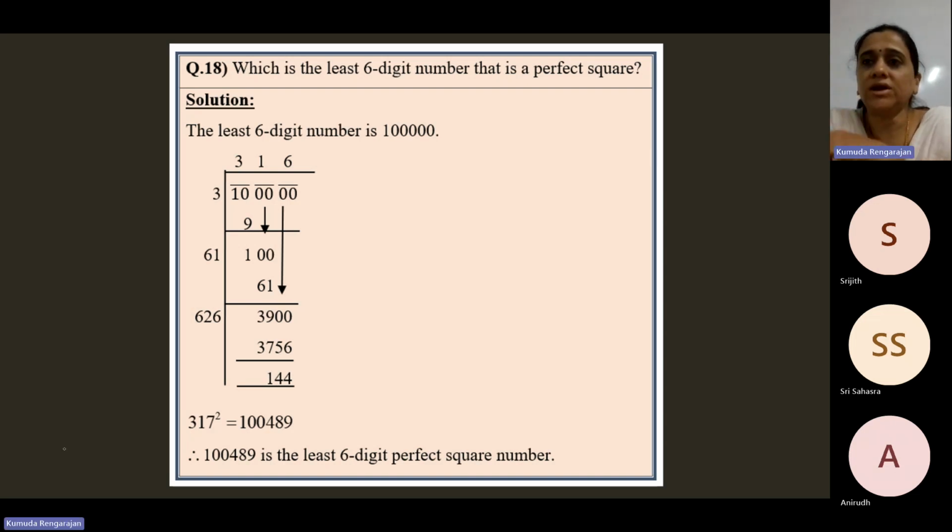Here you should not write that 144 is to be added. You should find the answer. So 316 is the quotient. The successor of 316 is 317. Square 317 and find the answer. That is the smallest 6-digit number which is a perfect square.